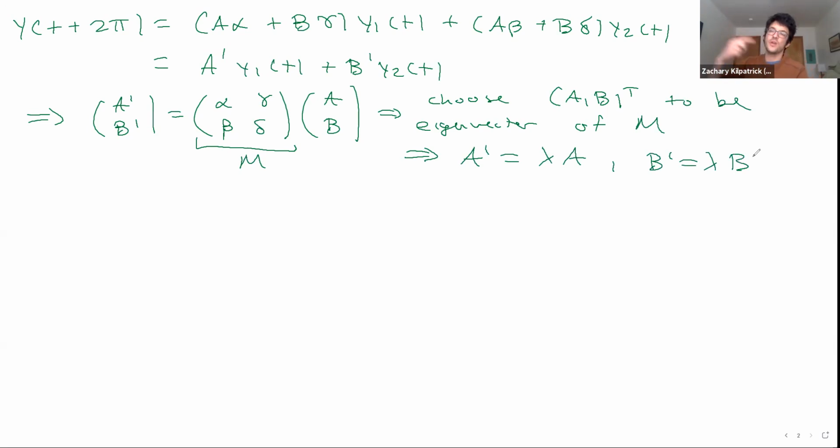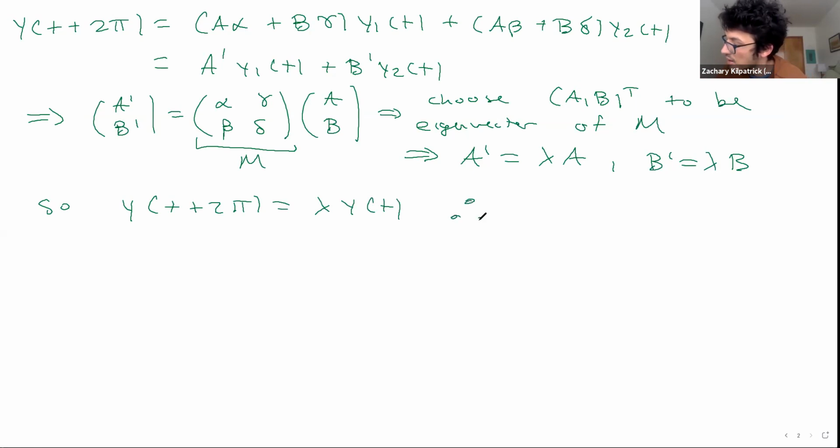Well, so what? That means when we go through some period of the oscillation, the coefficients of my solution are going to be updated according to this eigenvalue lambda. Okay. So that means that y of t plus 2 pi is equal to lambda y of t.